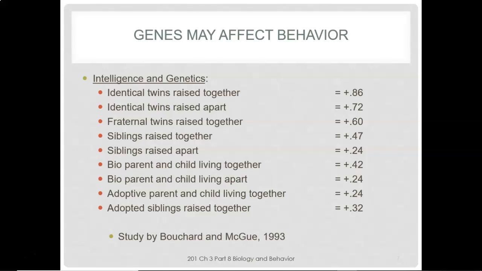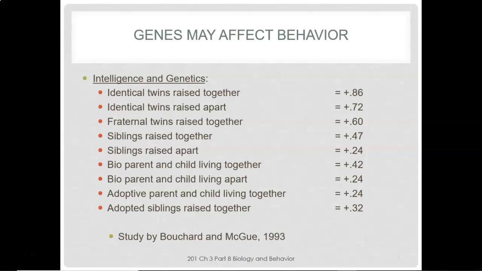Identical twins raised apart, positive 0.72 correlation. Still a very strong correlation, but we do see that being raised together versus being raised apart did have some impact on the intelligence of identical twins because of the role of the environment.